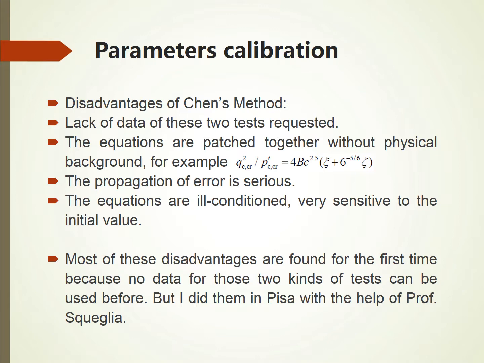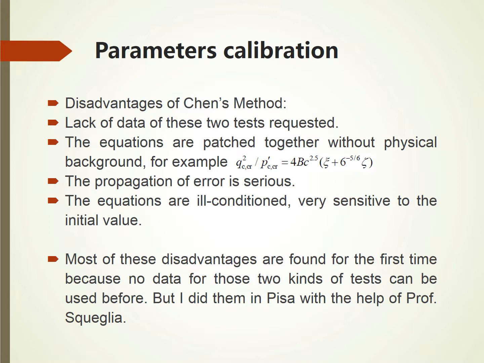Let's talk about the disadvantages of Chen's method. First, there is a lack of data for these two requested tests, because they are too strange and uncommon. And the equations are patched together without physical background.